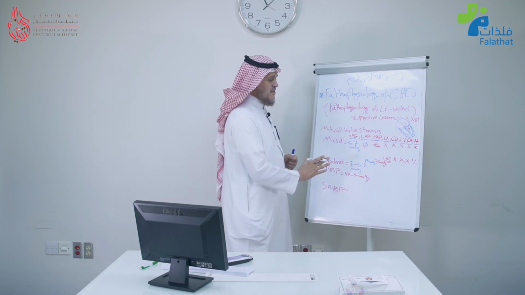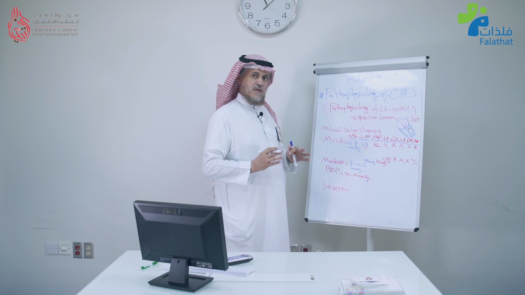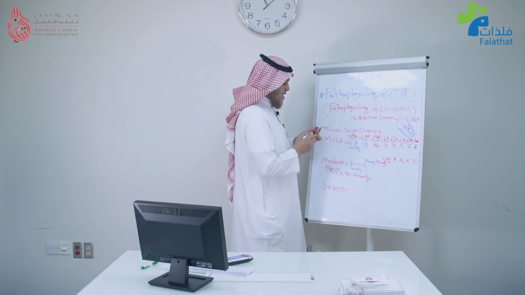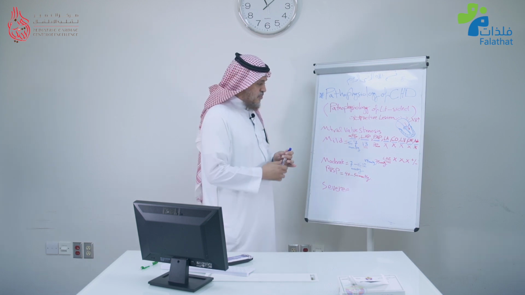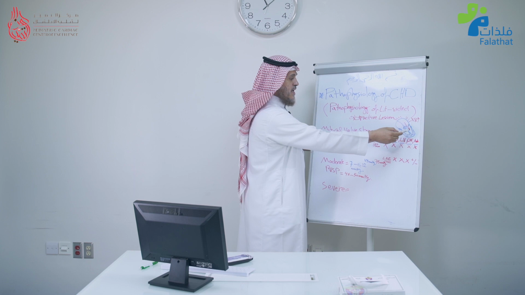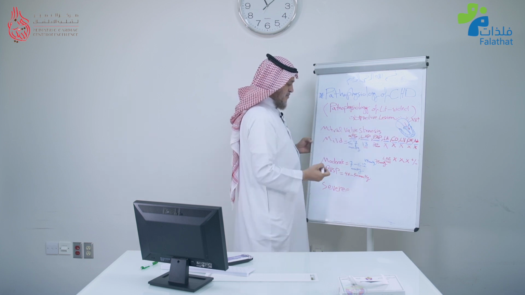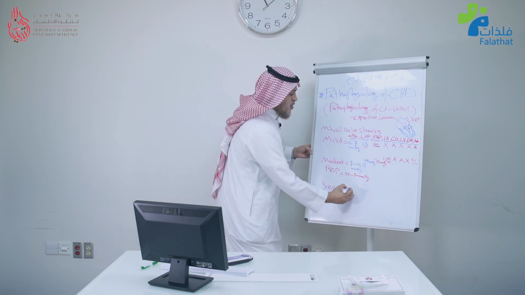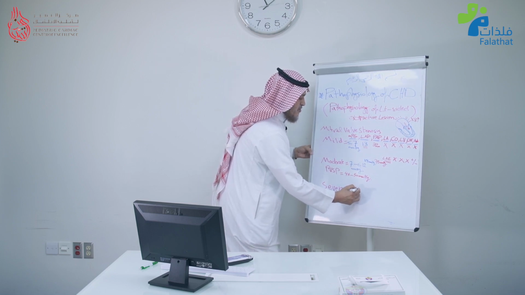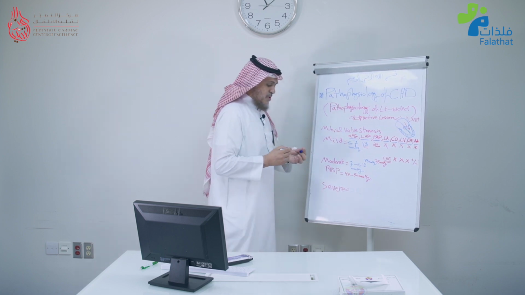Now we go to severe mitral valve stenosis, and when we talk about severe, we talk about a mean pressure gradient difference between the left atrial pressure and the end diastolic left ventricular pressure of more than 12 millimeter mercury.